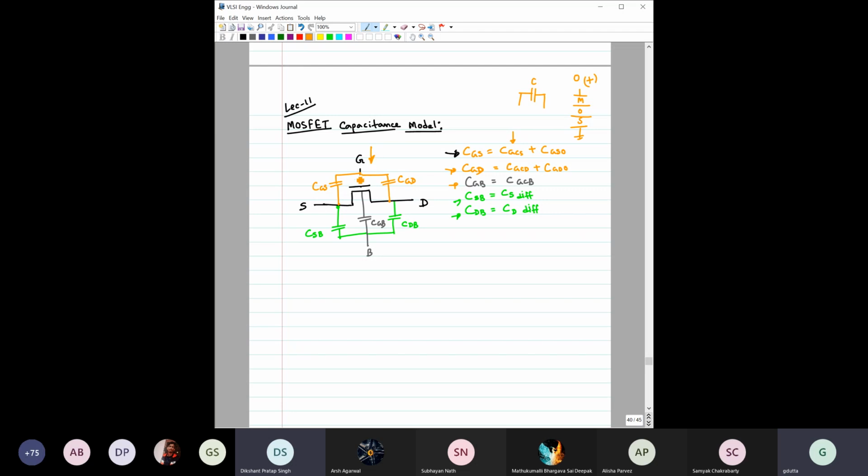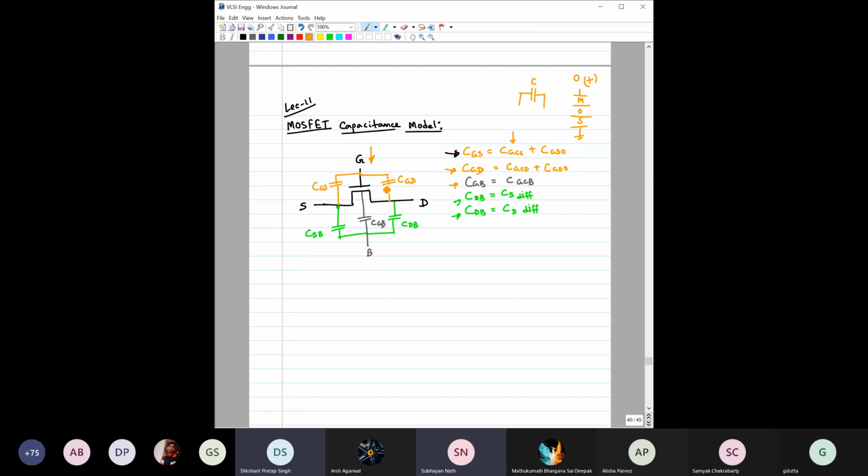If I look from here, the input capacitance would be the capacitances which are actually connected with the gate terminal, for example CGS, CGD. Yeah, but sir, S and D voltages differ, there is a voltage difference. So it should not be a direct CGB plus CGS plus CGD. It should be something else.